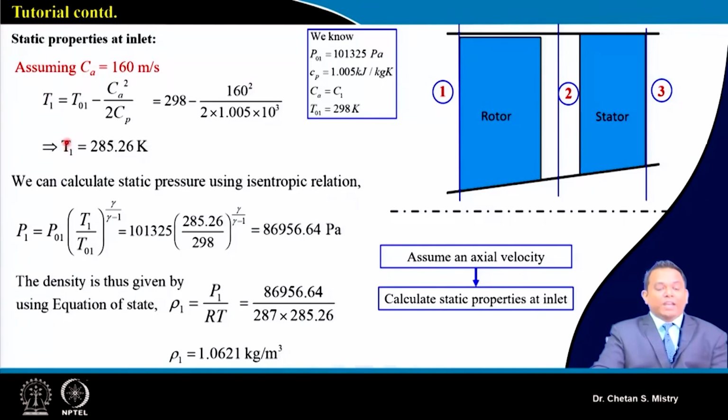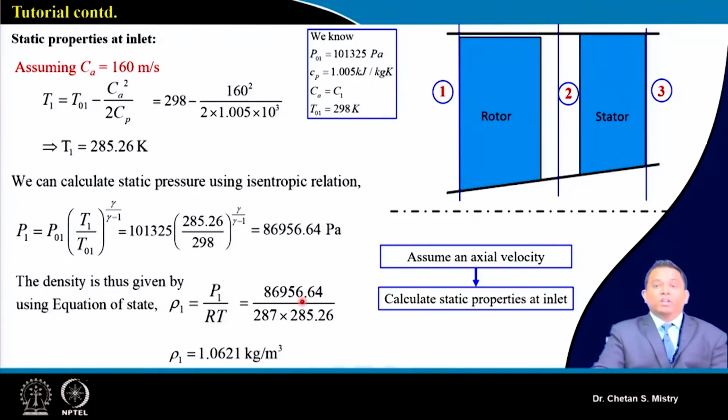Okay, so once we calculate our static temperature, based on our isentropic relation we can calculate our static pressure. So if we put T1 and T01, if they are known to us, this comes to 86.95 kilopascal. Now once this is known to us, we can safely take our density as P1 upon RT1.